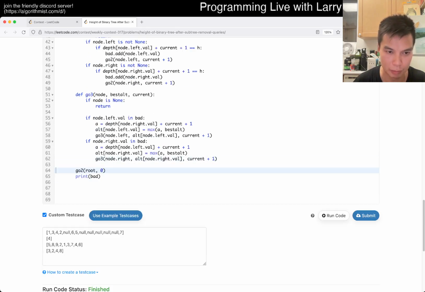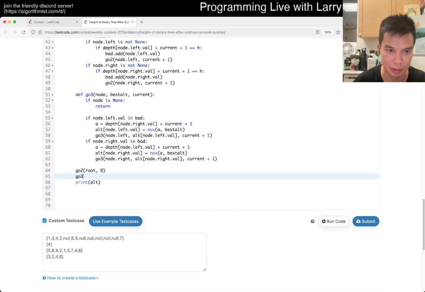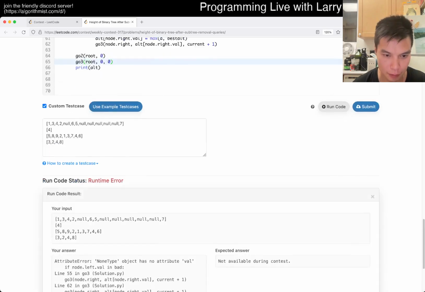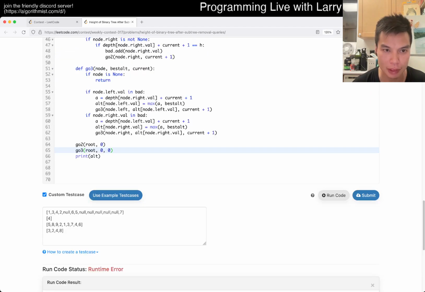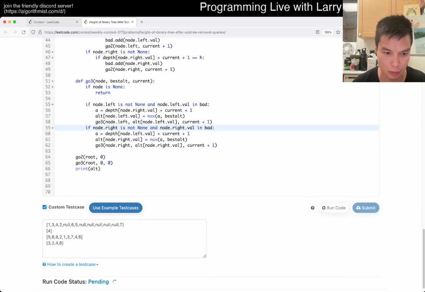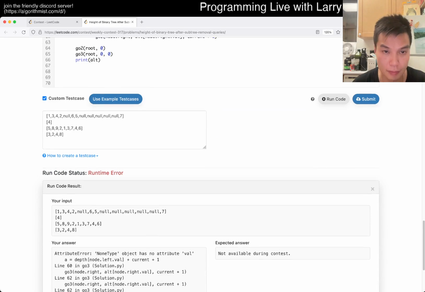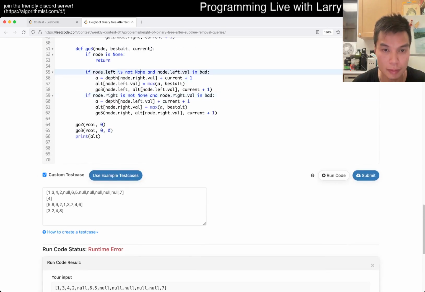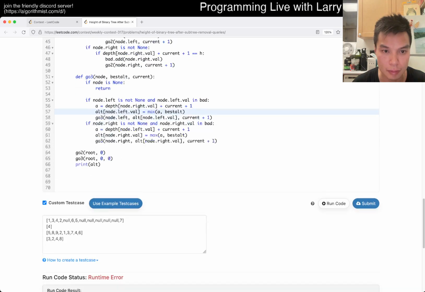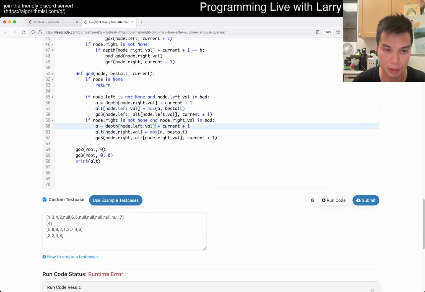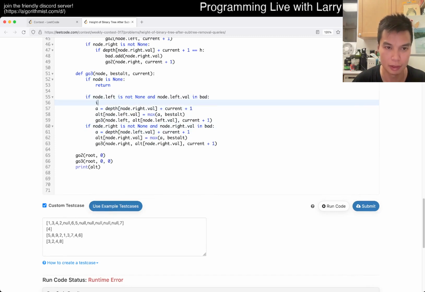Okay, and then now we print out afterwards, maybe. I have to make sure that this is not none, of course. Okay, so I mean, I have to check if tab.